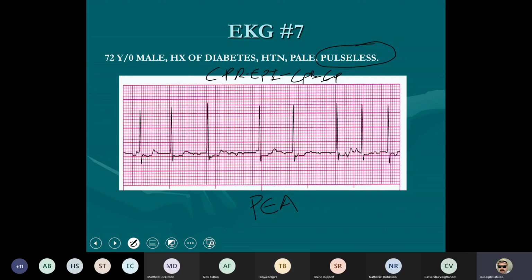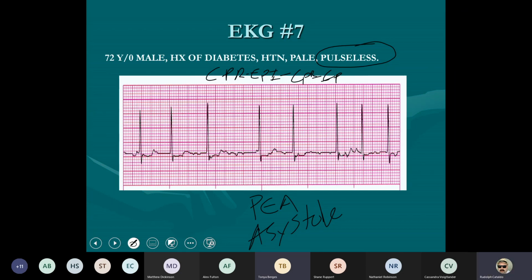We're not giving amiodarone because there's nothing to convert, and we're not shocking because there's nothing to shock. It is the exact same treatment as asystole. If the patient goes into VFib or VTach, then we have a rhythm we can work with. But PEA is non-shockable, so we don't do anything besides CPR and epi.